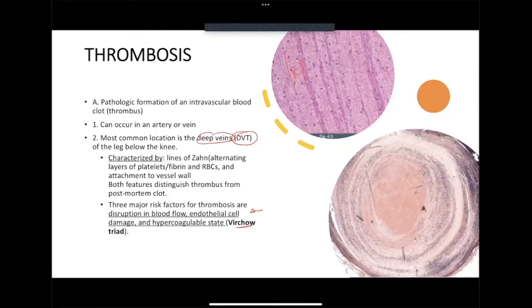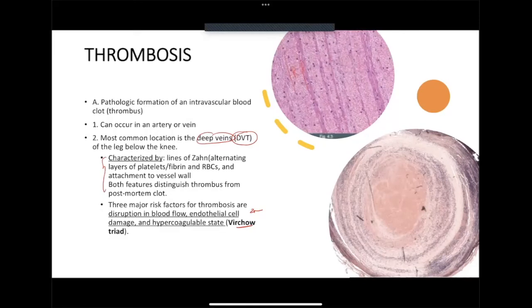You can also see this. This might be important for pathoanat. Lines of Zahn. These are alternating layers of platelet, fibrin, and RBCs, and they have an attachment to the vessel wall. So this distinguishes thrombus from post-mortem clot formation, which is significant in post-mortem findings.